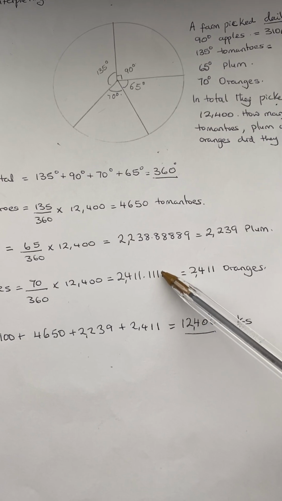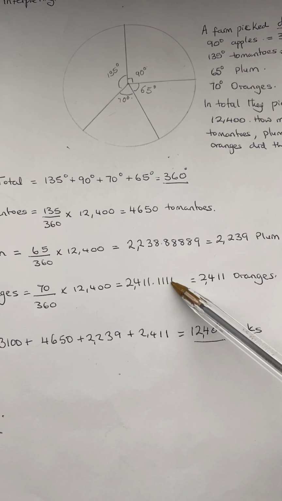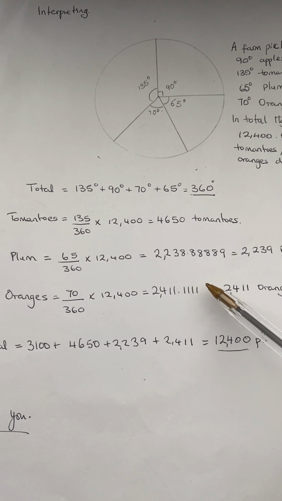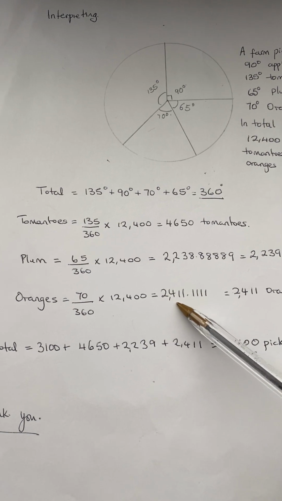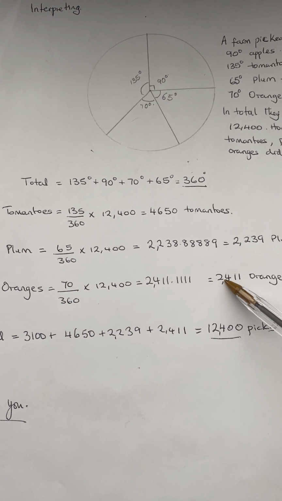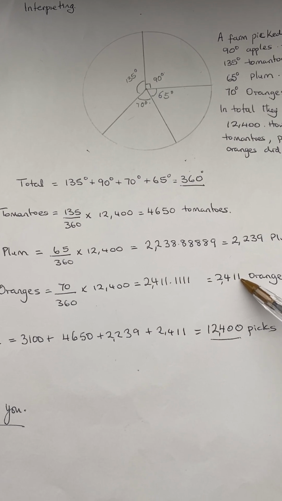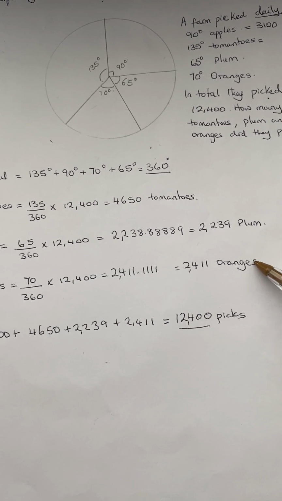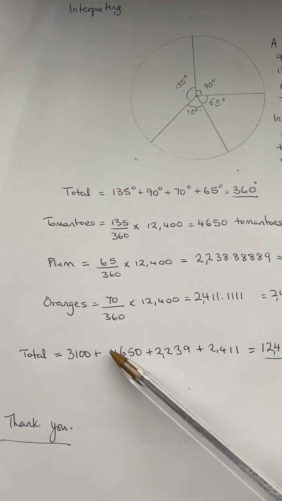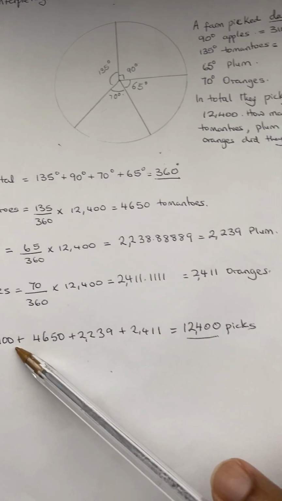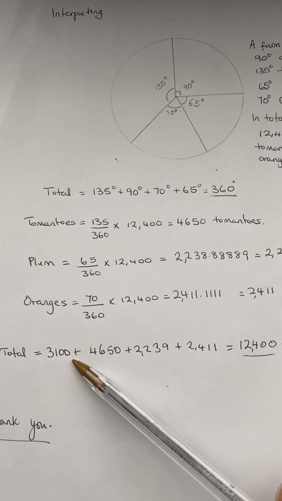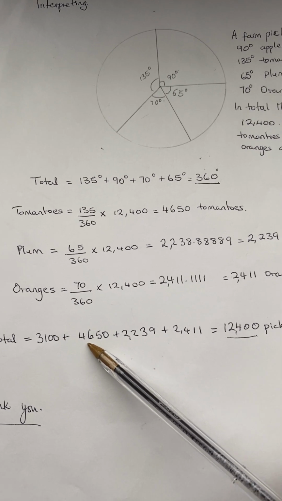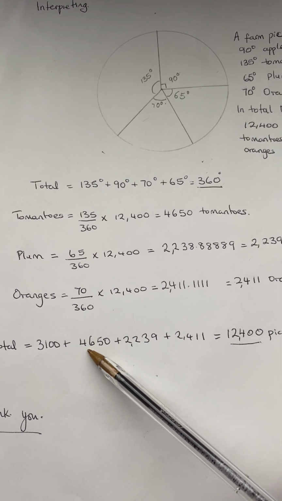Okay, now you can't have 0.1111 oranges, so you have to make it a whole number. So it will be 2411 oranges.